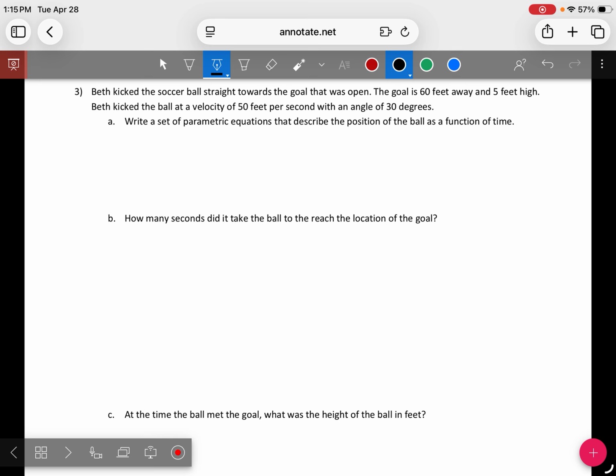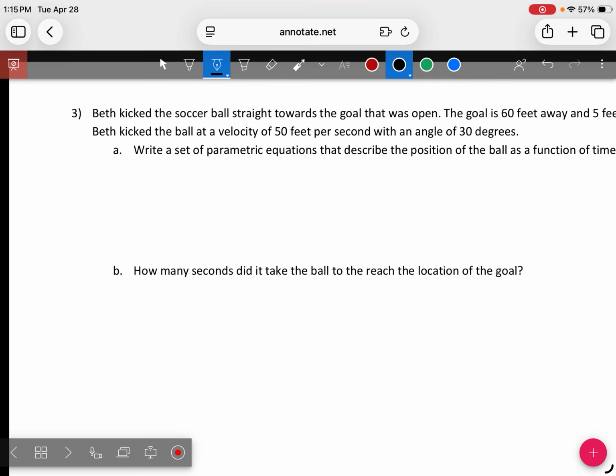Now, soccer, I'm assuming when you kick a ball in soccer, it's on the ground. So we're going to assume the initial height again is 0. So let's write our equation. Our x parameter, our velocity, 50 cosine, the angle, which is 30, t. That's my x parameter.